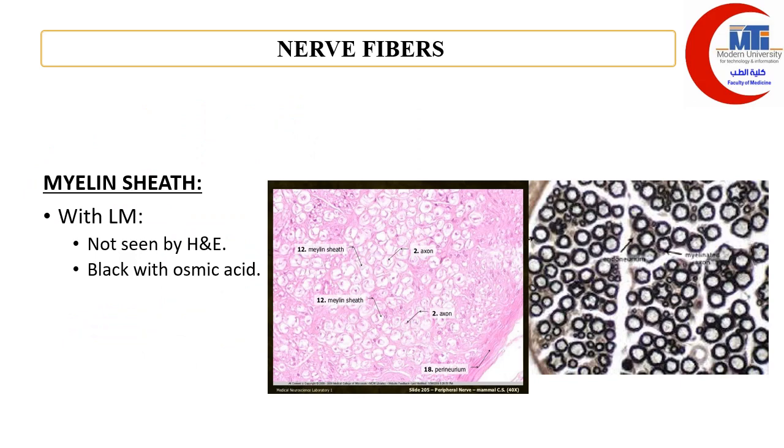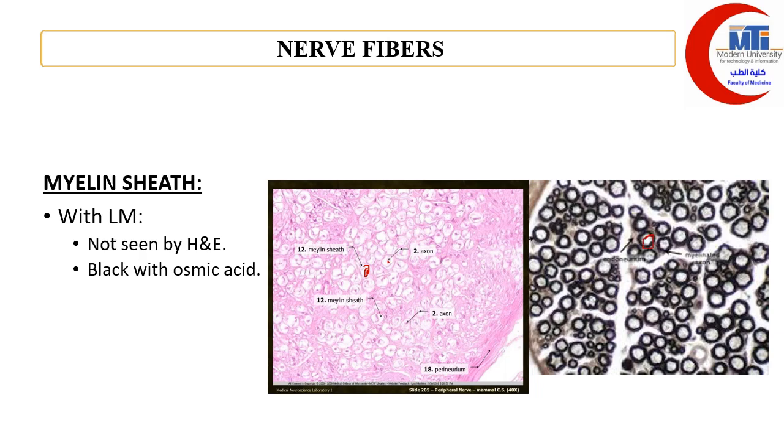The myelin sheath is not seen by light microscope with H and E. See with me, this dot is the axon, and the space around it is the myelin sheath. But when we want to see the myelin sheath, we stain it with what is called osmic acid.